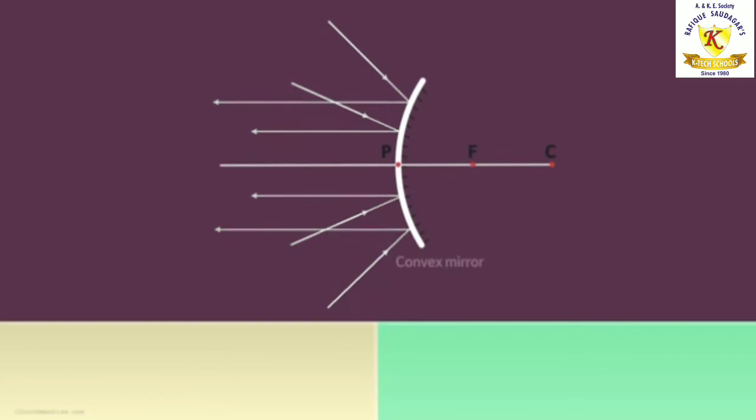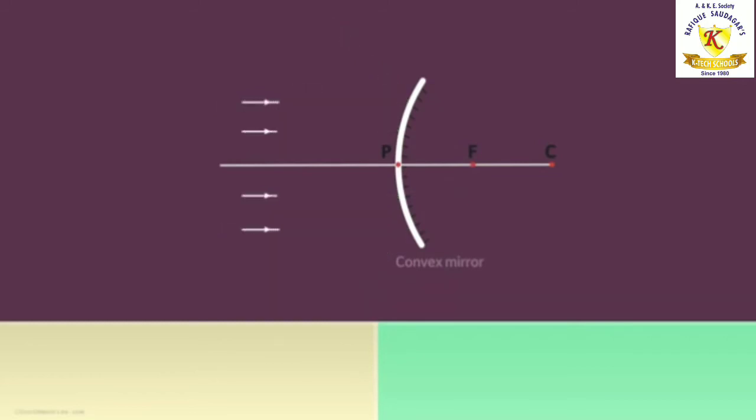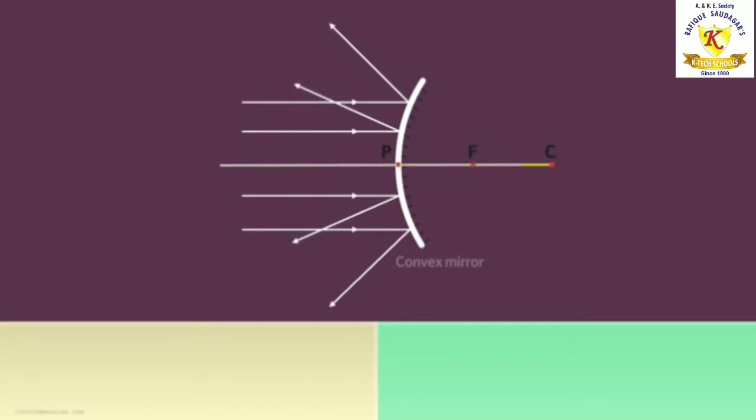Also, if the incident ray is traveling parallel to the principal axis, then after reflection it will look as if it originated from the focal point.